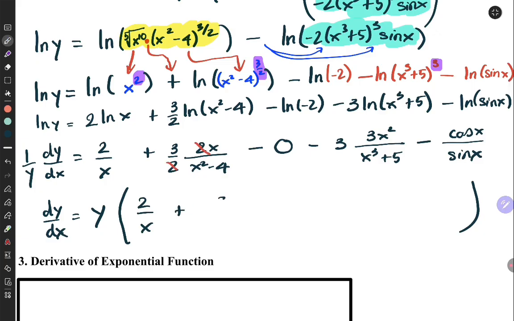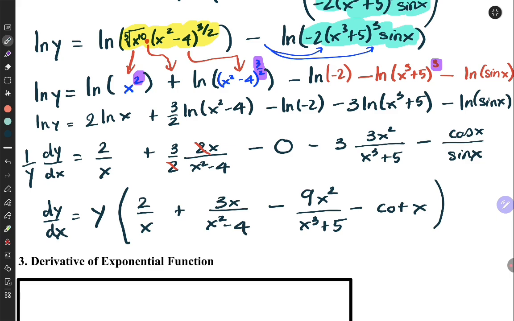So plus 3x over x squared minus 4. Minus 0, doesn't matter. Minus 3 times 3, 9x squared over x cubed plus 5 minus cotangent of x. That's basically y prime, right?